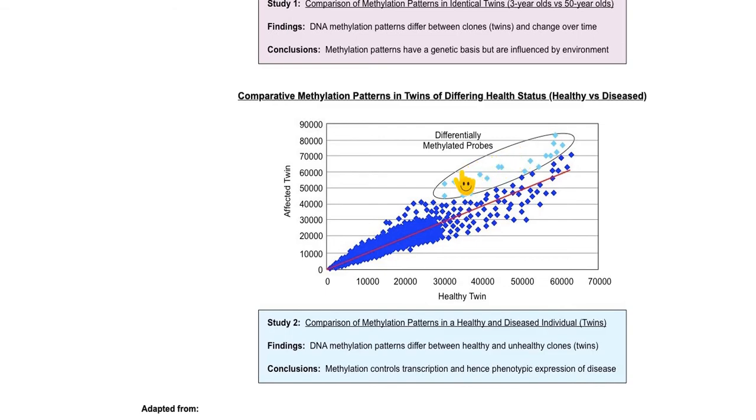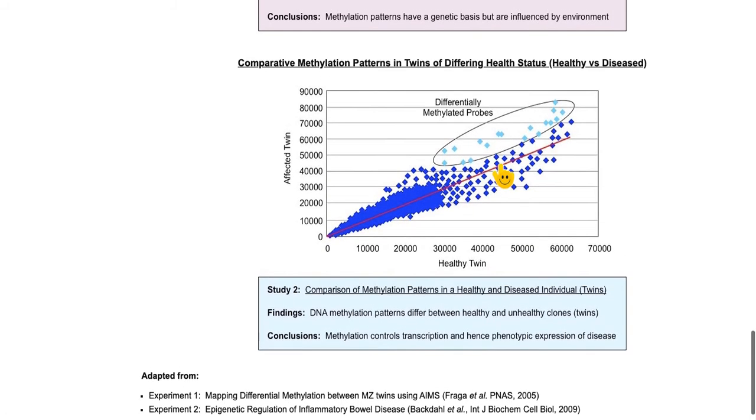So in some way, this disease has been affected by the rate of methylation of this twin, and it has controlled transcription in some way, and it has controlled the phenotypic expression of the disease in some way. So methylation has phenotypic effects at some point.